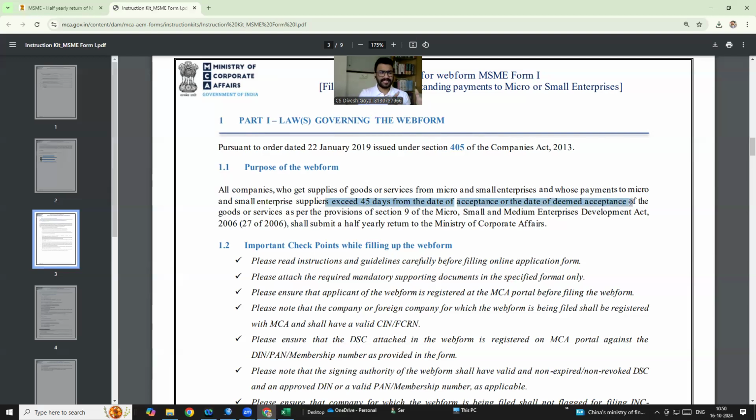What is the date of acceptance and deemed acceptance? To understand this, you have to study the MSME Act. Right now, I am not going to discuss the MSME Act, but as per this line, only those companies which have delayed payment to their micro and small vendors by more than 45 days, only they have to file this form MSME 1.